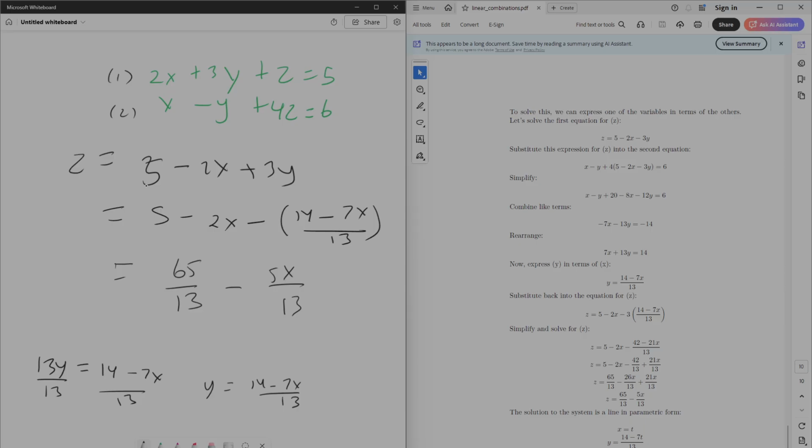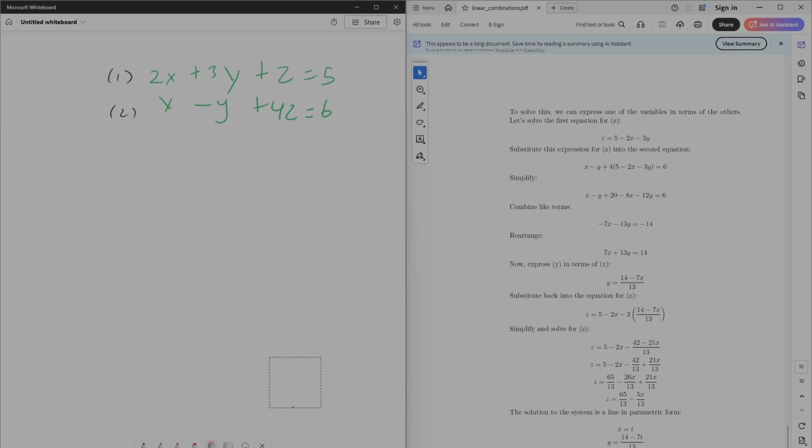Okay, so now let's put everything together in parametric form.